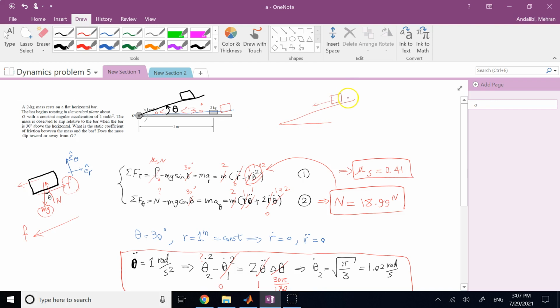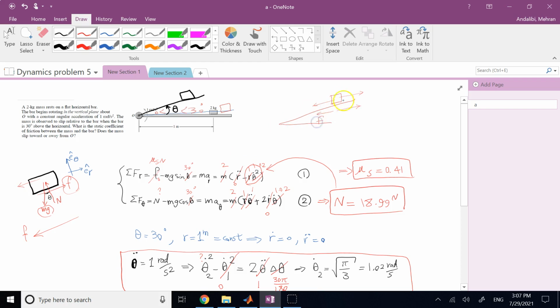When that m r omega squared term becomes really large, and again, if you consider it a force, which we should not, that force which is radially out can dominate mg sine theta, and now the object can slide moving in that direction, so the friction is backwards.